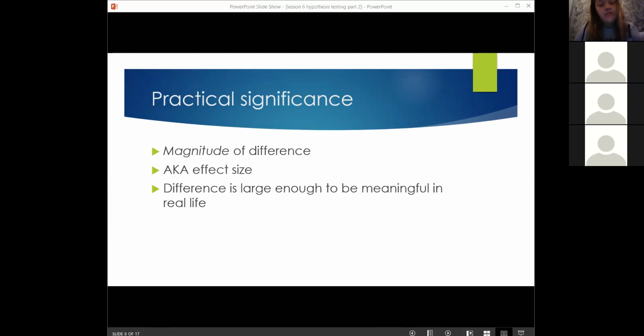So basically we call this the magnitude of the difference, or our effect size, because we're saying, is this important or not? We found it to be significant, but is it actually something that we can use in real life? That's the main idea there. That's a little bit different than statistical significance, because statistical significance is just a number. Practical is looking at everything else and saying, is this realistic in this aspect?